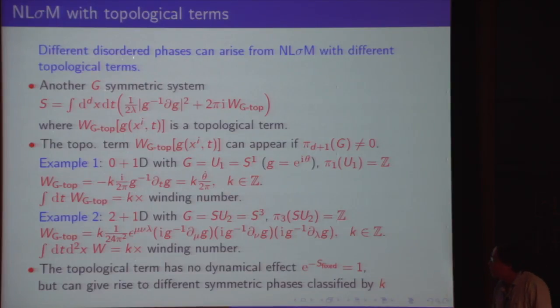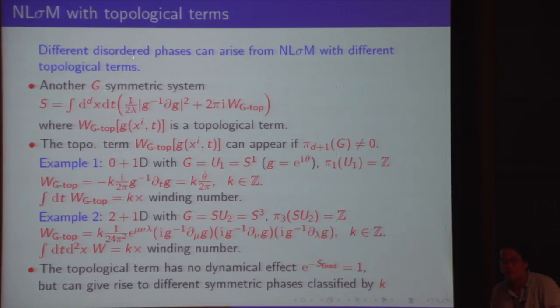If we believe this term can be non-trivial, then the thinking is as follows. Because this term does not change the dynamics, lambda still flows as before. When lambda is large, this action still describes a disordered state, and in the infrared limit lambda flows to infinity and this term is gone. So the fixed point action is a pure topological term.